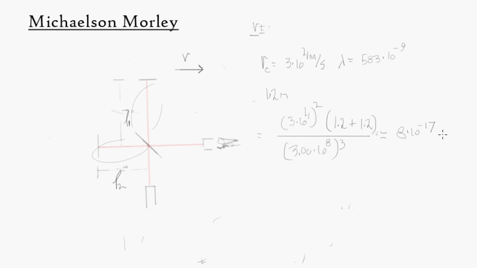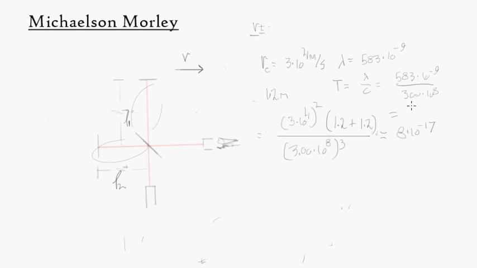All right, real quick, let's get the period of sodium. Period is going to be the wavelength divided by c, 583 times 10 to the minus 9th divided by 3.00 times 10 to the 8th.